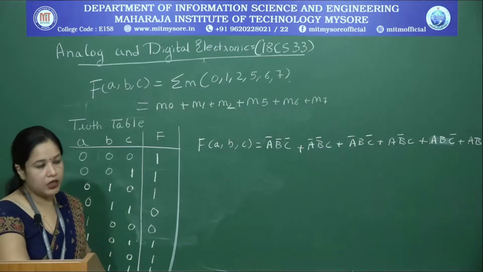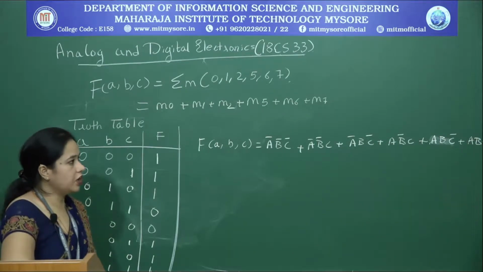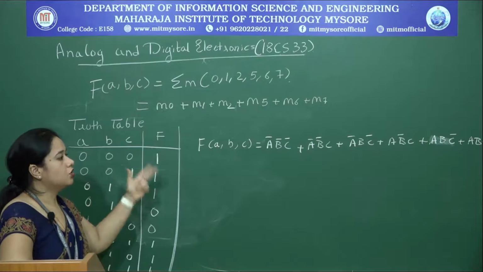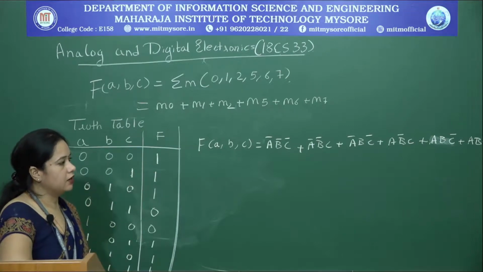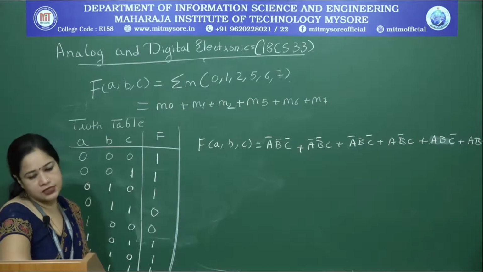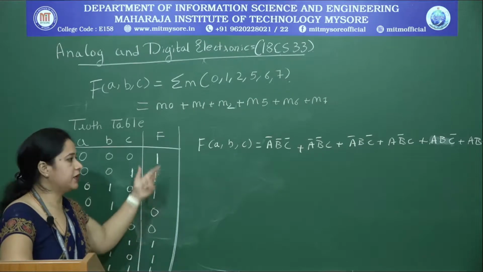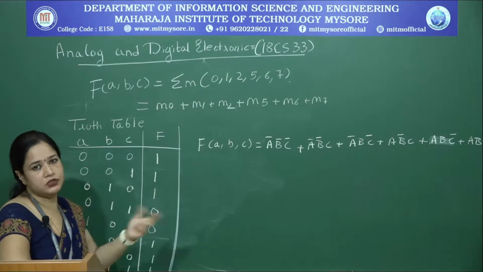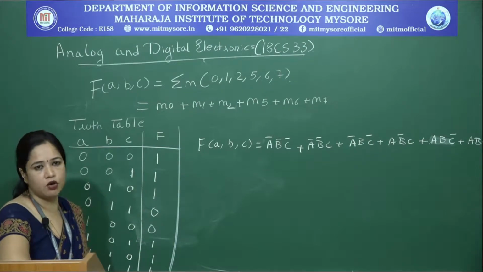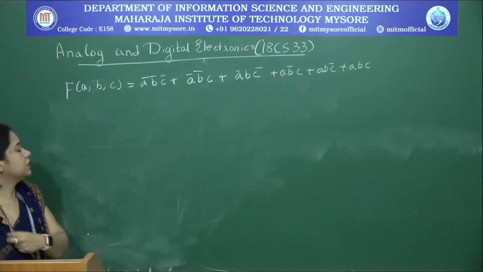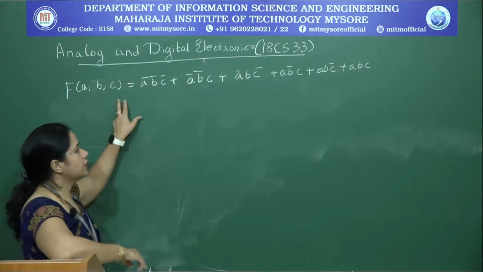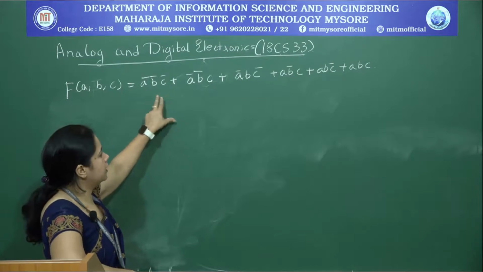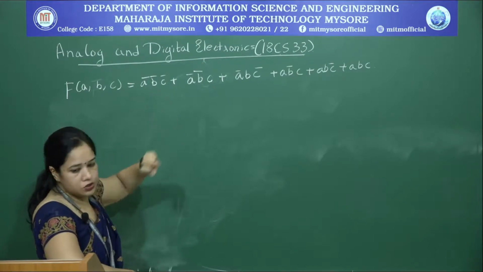So, what we do is we will try to use a generic approach to simplify this particular expression, then discuss what the potential drawback of this approach is, and straight away give an introduction to what Karnaugh map is. The generic approach for solving this expression involves two steps.